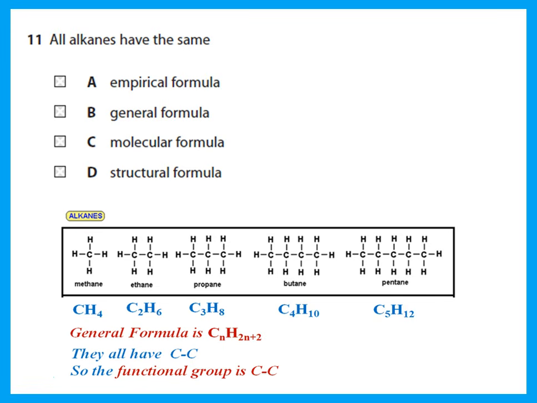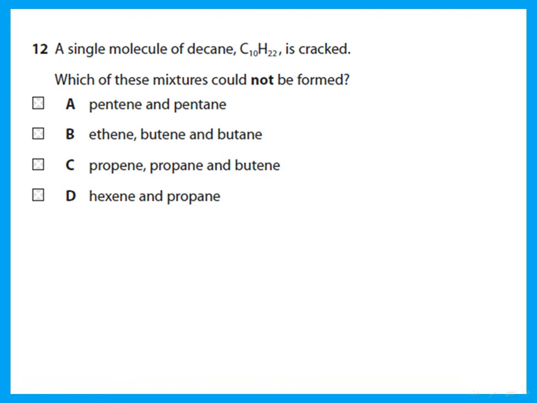So all members of the same homologous series like alkanes would have the same general formula. They would also have the same functional group. So alkanes, for example, all have single bonds. So my answer here is the same general formula, not molecular, not structural, not empirical.